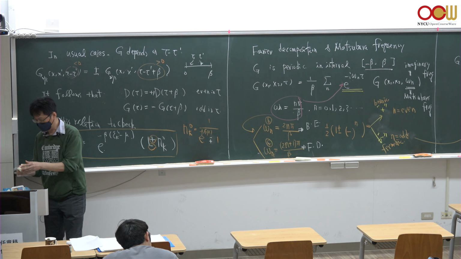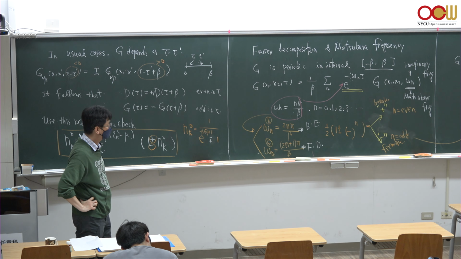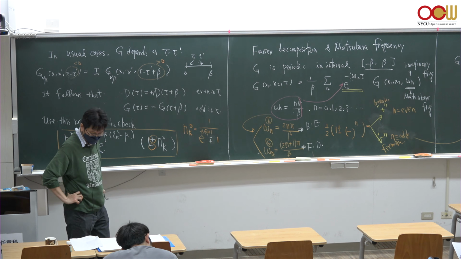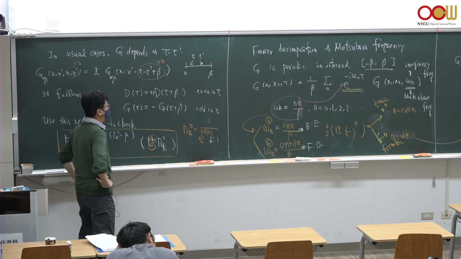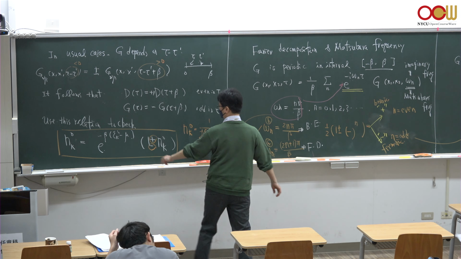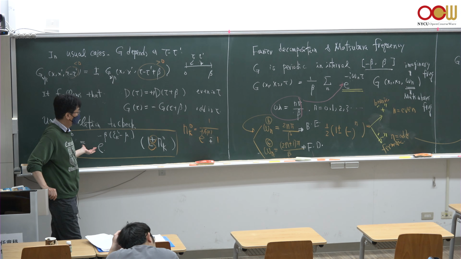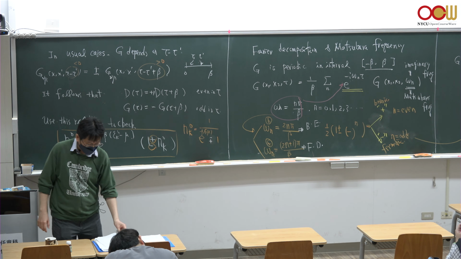I think that's a good time to take a break, and I encourage you to read the corresponding chapters in Fetter-Walecka and Altland-Simons, and the other references where you can find all these identities in their books. This is a very important part of the many-body Green's function, especially at finite temperature. You have a very elegant way to derive the Fermi-Dirac and Bose-Einstein distribution functions simply based on these Matsubara frequencies and the periodic, anti-periodic nature of the Green's functions.